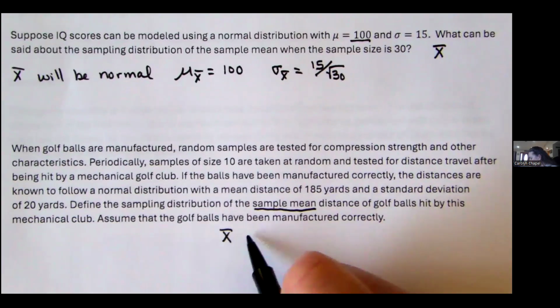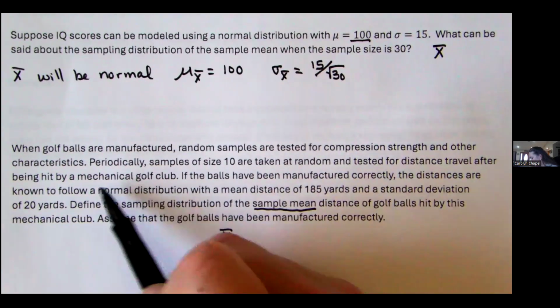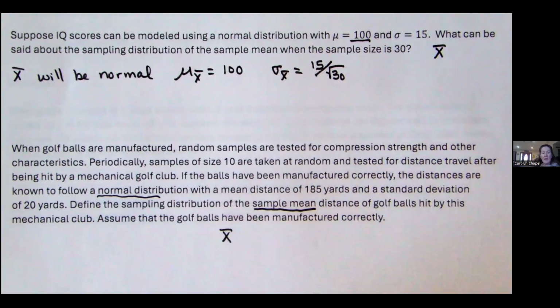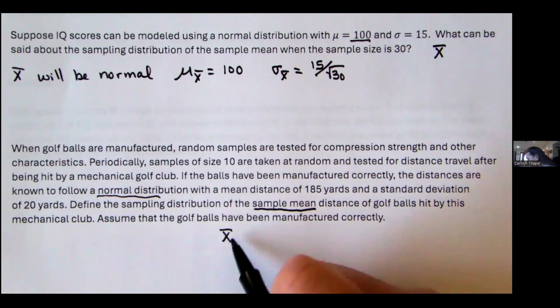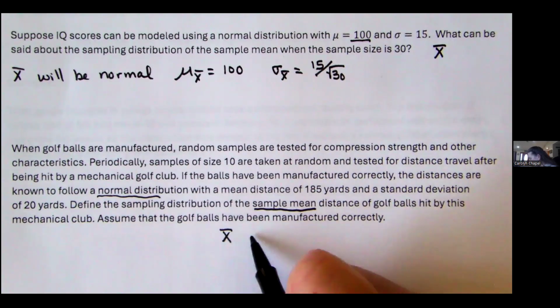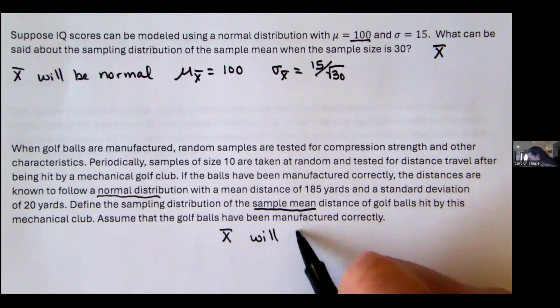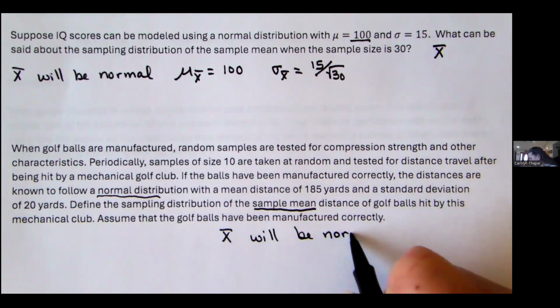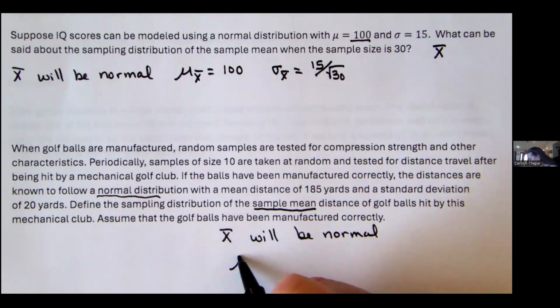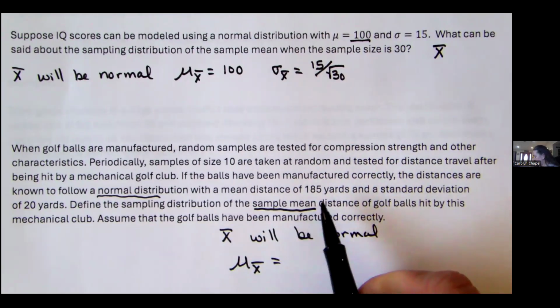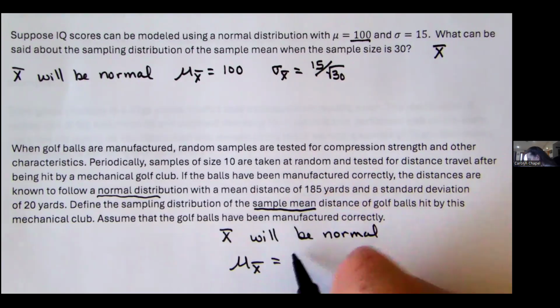Since the balls are manufactured correctly, the original is normal, so X bar will also be normal. The mean of our X bars will be the same as the mean of our original data, so 185.